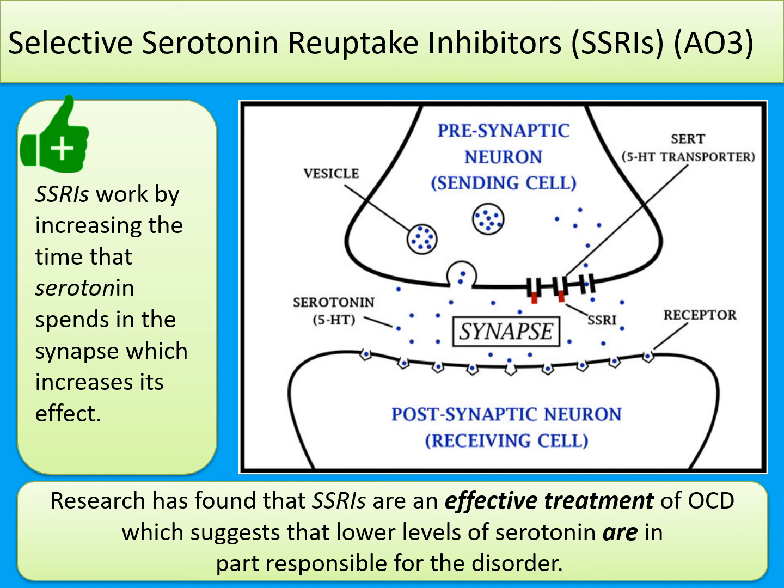That means that the serotonin will stay in the synapse for longer, and so the receptors have more chance of binding with it and having that inhibitory effect on the next cell. So the research shows that SSRIs are an effective treatment for OCD, and that suggests that lower levels of serotonin are in part responsible for the disorder. So if the treatment is effective, that means that the explanation is probably also valid.